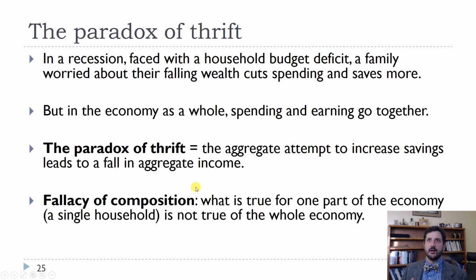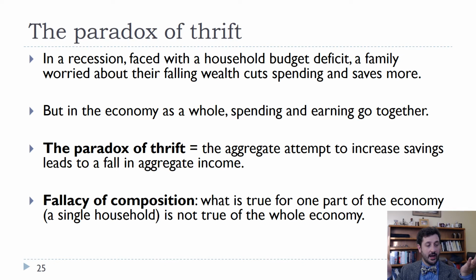One of the interesting things about the macroeconomy is that when households make perfectly rational decisions, they can end up having unintended consequences. And one of the examples of that is what's known as the paradox of thrift. And the idea with the paradox of thrift, thrift just meaning savings, is that if a lot of households all try to save more at the same time, that means spending goes down.